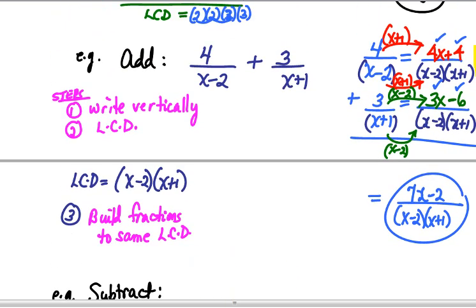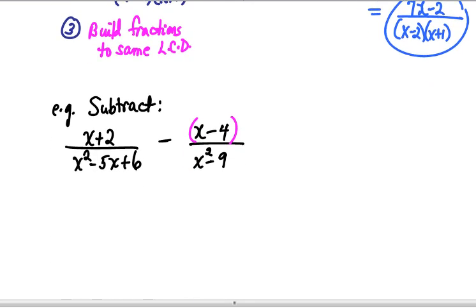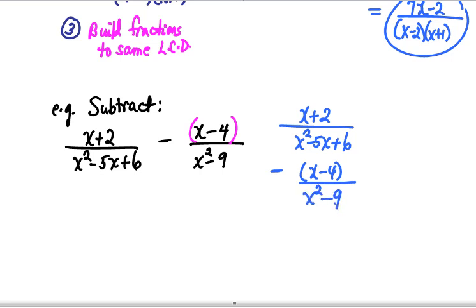I'm now going to do a rewrite because we can see here my first step is to write the problem vertically. So I have quantity x plus 2 over x squared minus 5x plus 6, and I'm subtracting x minus 4 over x squared minus 9. Now, the second step is we have to find the lowest common denominator, so that's going to require that these get factored.